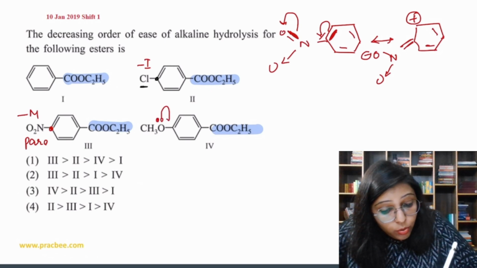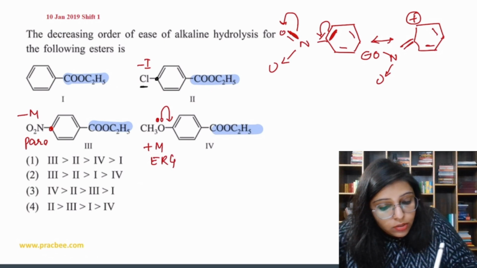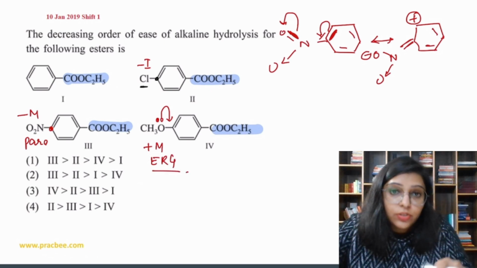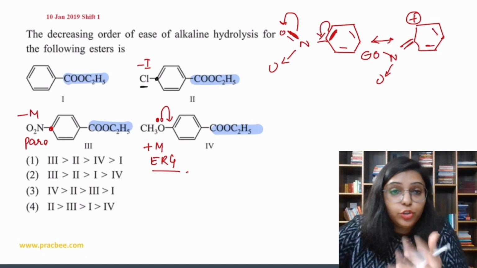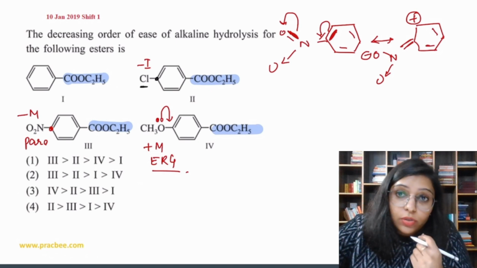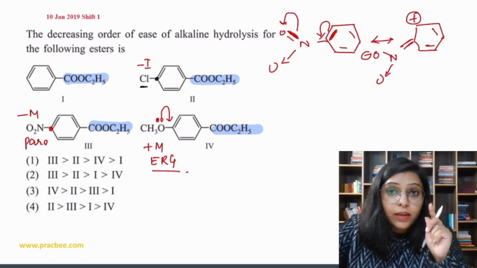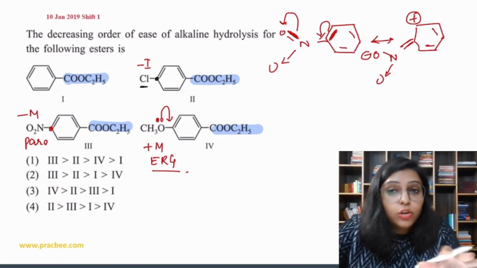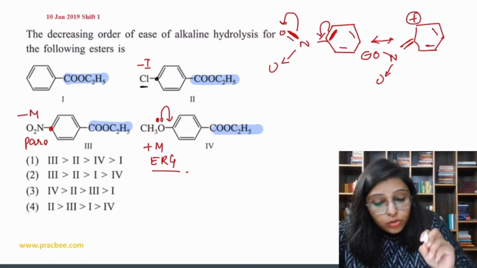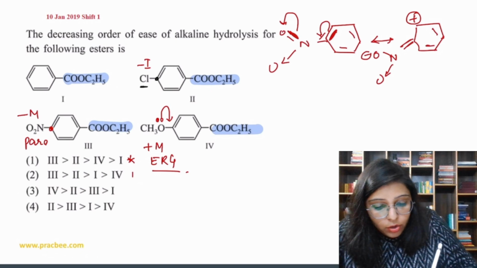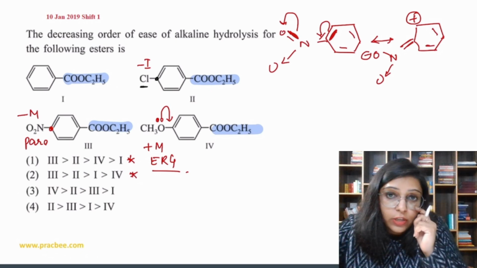In OCH3 we have a lone pair, so this shows a plus M effect, so this is going to be an electron releasing group. For nucleophilic addition, the carbonyl carbon should be electrophilic. So this is going to be most electrophilic in case of the third.